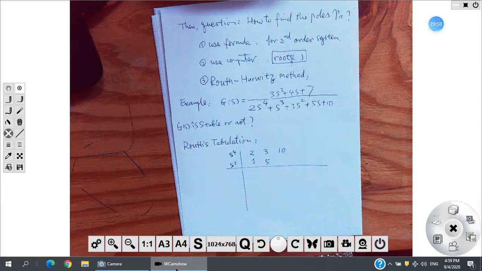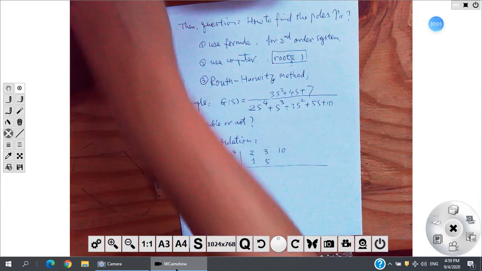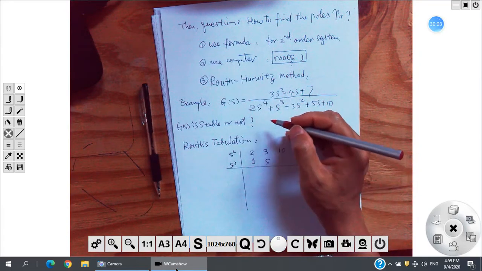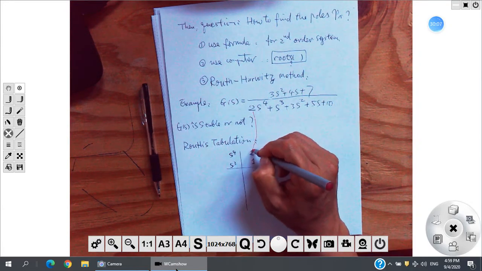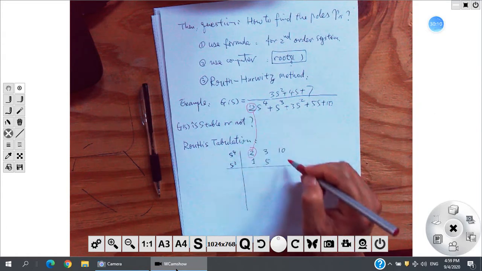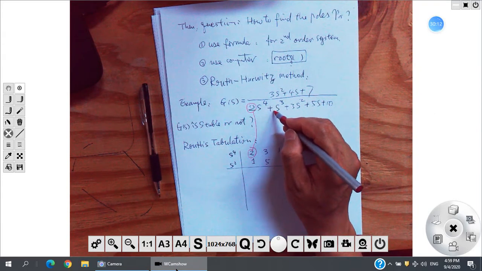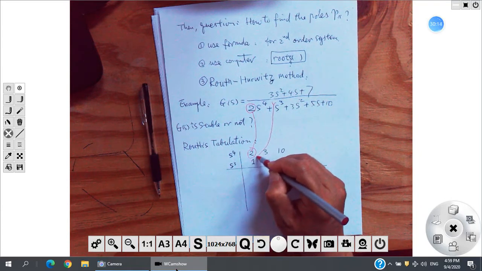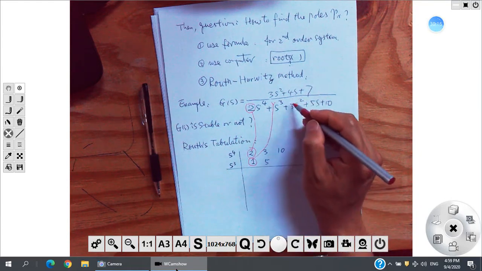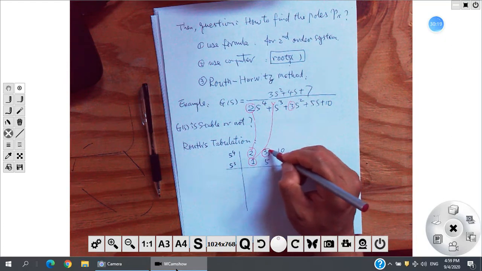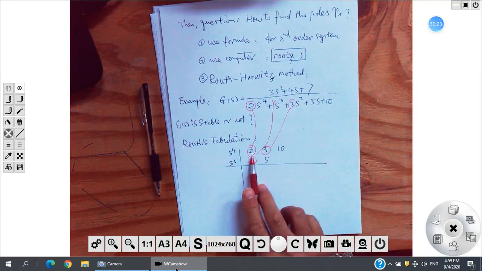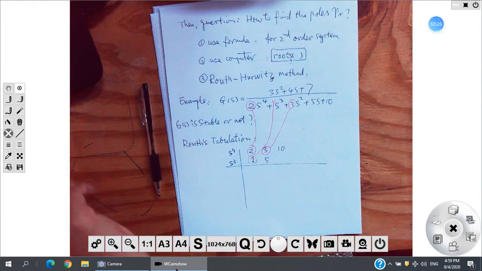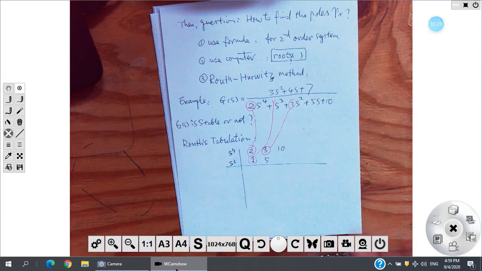So things like this is 2, then here's 1, and 3, and so on. Then you put all the coefficients here. Alright, these are the first 2 rows of the table.